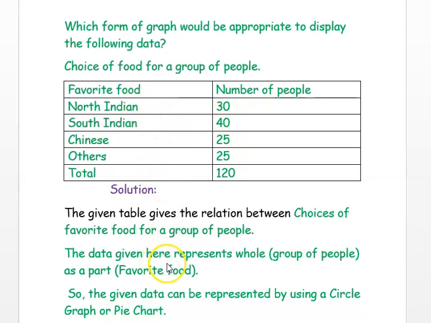So the data given here represents the whole, that is the group of people, and their favorite food represents the part. So the given data can be represented by using a circle graph or pie chart, because the circle graph or pie chart represents the given data in the form of parts of a whole. So this type of table we can represent using a circle graph or pie chart.